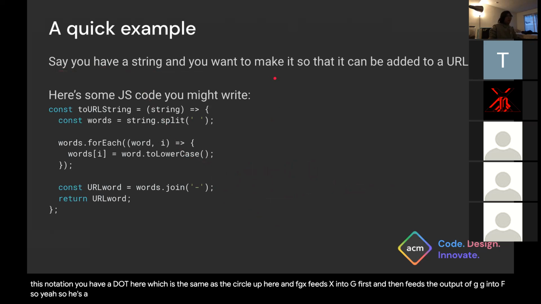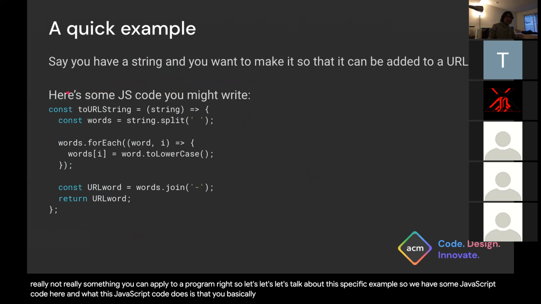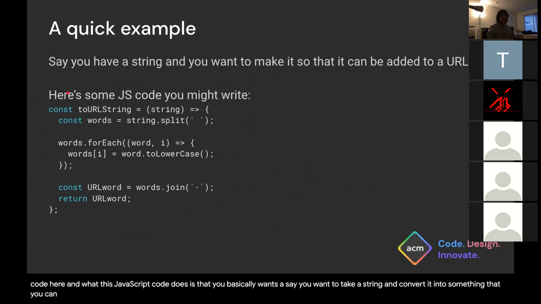So here's a quick example of why you want to use that, because I realize this is a lot of abstract detail and not really something you can apply to a program, right? So let's talk about this specific example. We have some JavaScript code here. What this JavaScript code does is that you want to take a string and convert it into something that you can add to the end of a URL.